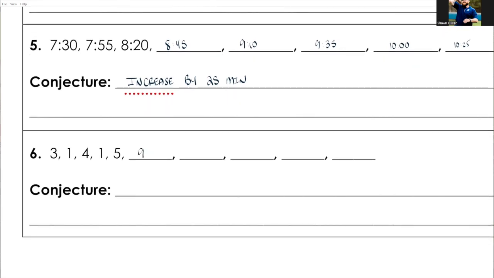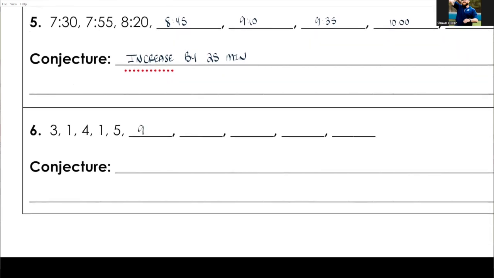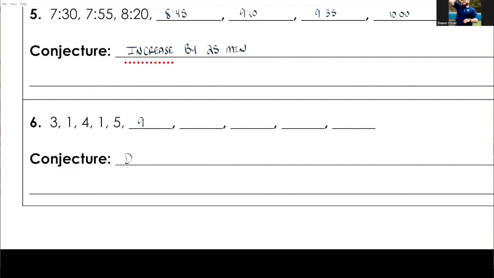It's the digits of pi. So sometimes they're not always going to be numerical patterns. Sometimes they hit us with a funny shape, or maybe they want us to figure out digits of pi.